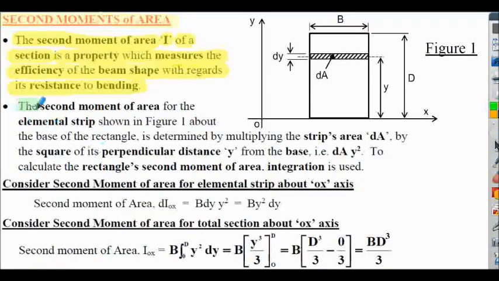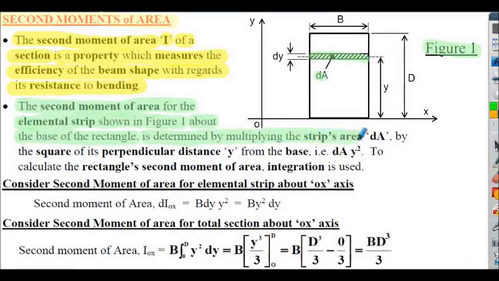So if we now consider the second moment of area for the elemental strip shown in figure 1, here's our elemental strip, area dA, about the base of the rectangle, it is determined by multiplying the strip's area, dA, by the square of its perpendicular distance, y, shown here on our diagram, from its base.